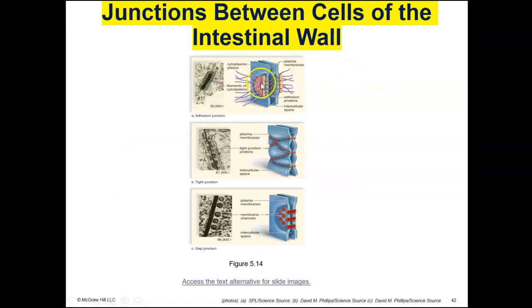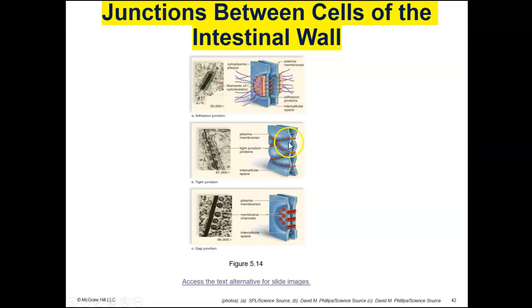Here's a picture of one of those adhesion junctions called a desmosome. These tight connections connect skin cells together, so that if you get a sunburn and shed some of your skin, it peels off in sheets because the cells are attached so strongly by these desmosomes.